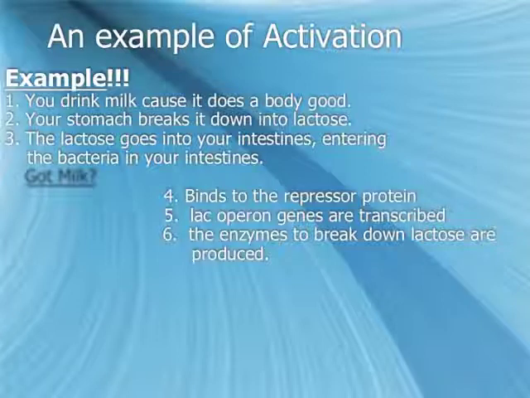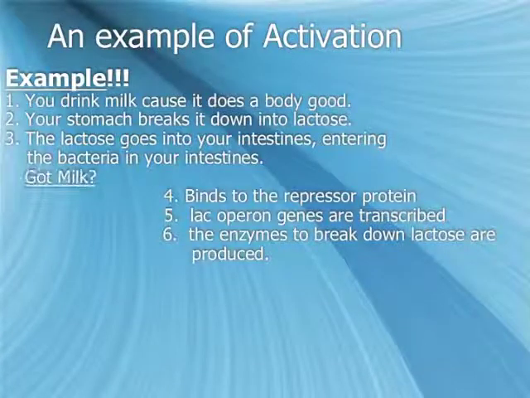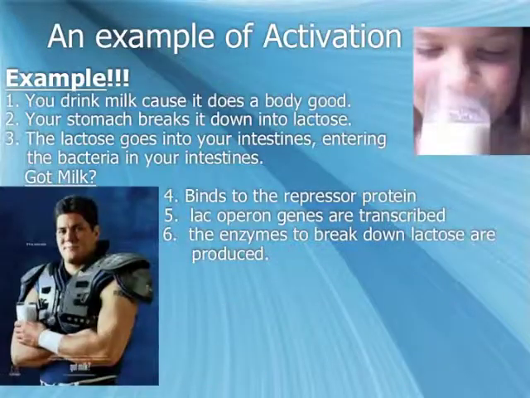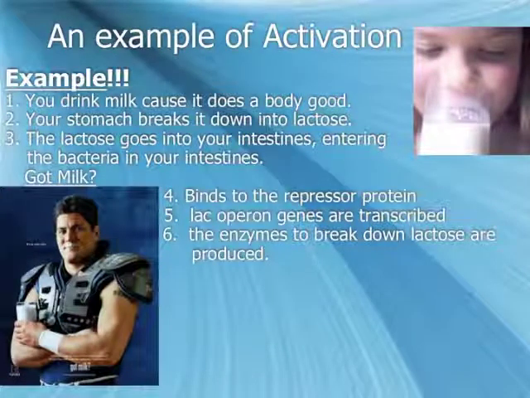So the RNA polymerase is able to go through and transcribe and then translate those enzymes that break down lactose. So the enzymes that break down lactose are produced, and therefore lactose is able to be broken down. So it's all controlling itself, which is a huge bonus of this whole process.